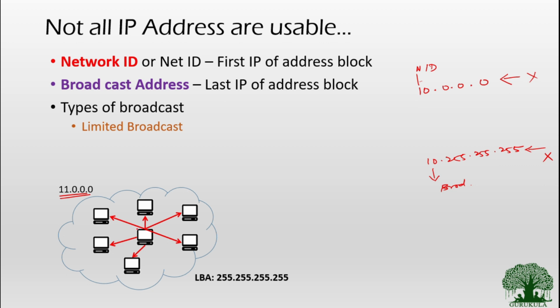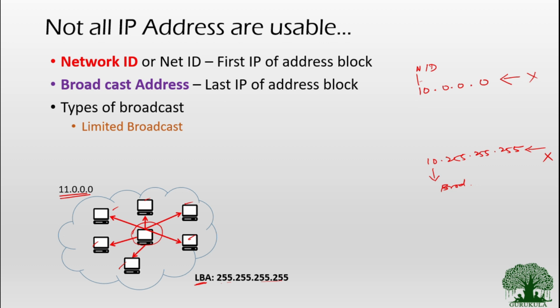So this particular node wants to send its frame to all of the remaining nodes present in the same network. Then I can call this limited broadcast. The limited broadcast address will be all 255s. When I put all 255s, that represents that the frame will be delivered to all the systems connected in that particular network.